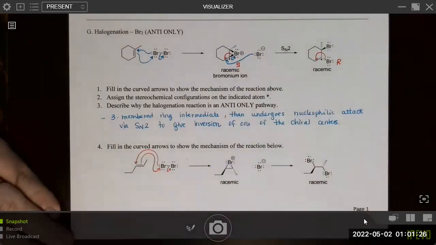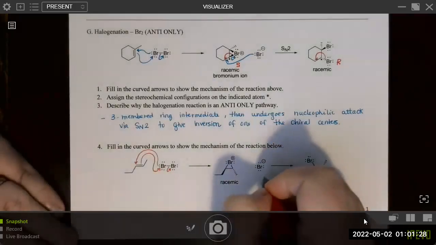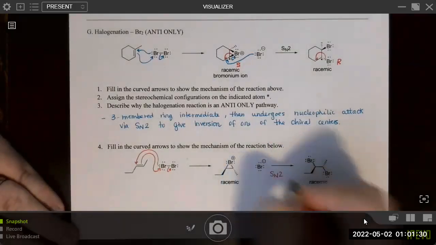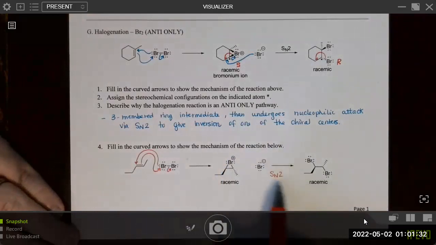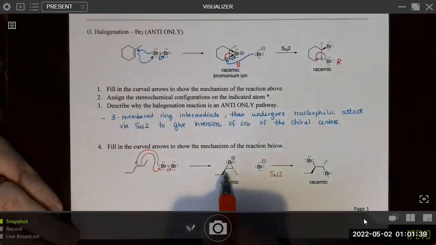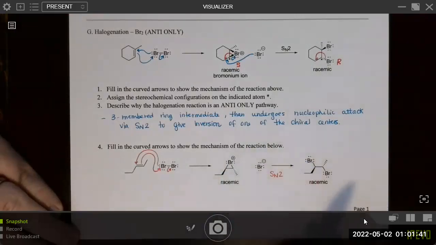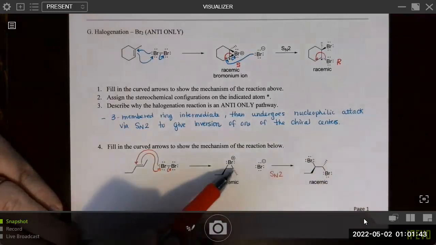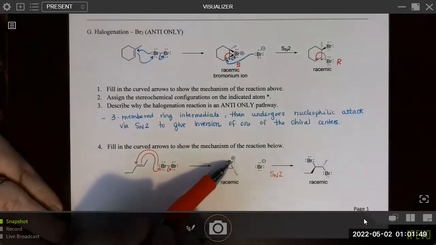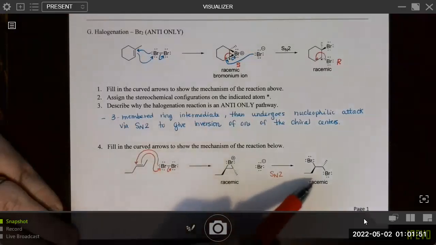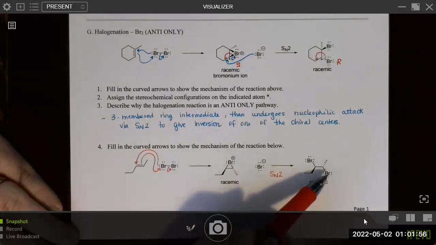And then that's going to undergo SN2, right? SN2 involves both a nucleophilic attack and the loss of the leaving group in the same step. We can see that this carbon has not inverted, but this one has. And the reason you can see that it's inverted is because the first priority group is going this direction, and then it ends up going to the opposite direction after the nucleophilic attack.